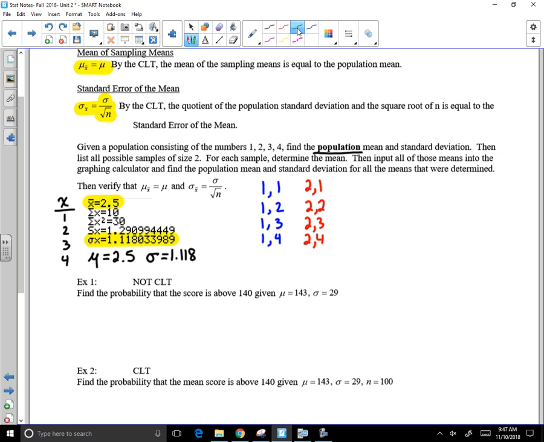So I'm not eliminating the 2, 1 just because I got a 1, 2. All right. 3, 1, 3, 2, 3, 3, 3, 4. And then finally, 4, 1, 4, 2, 4, 3, 4.